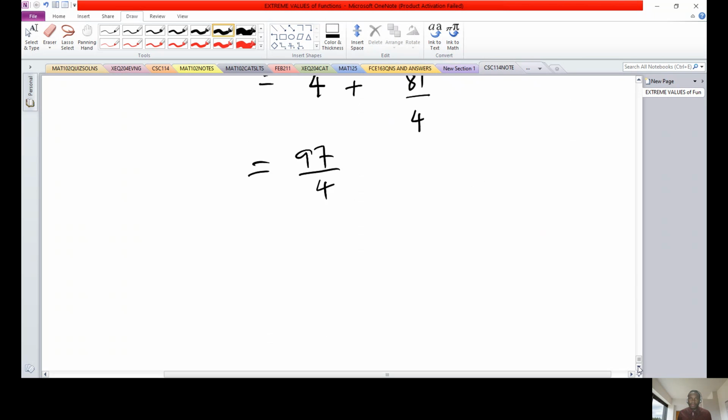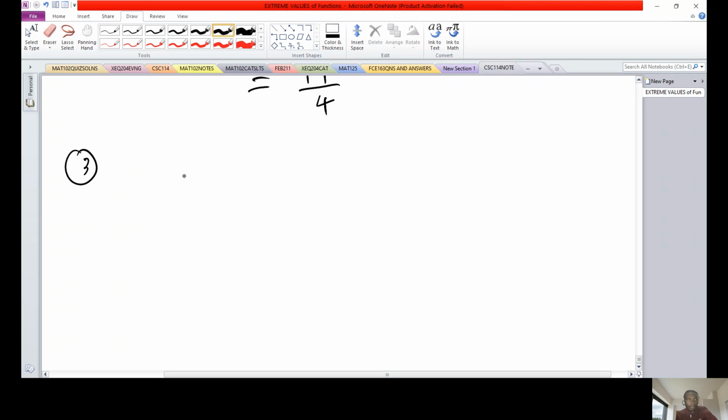Another example, example 3, if we have the integral from 0 to 3 of |x squared minus 1| dx.